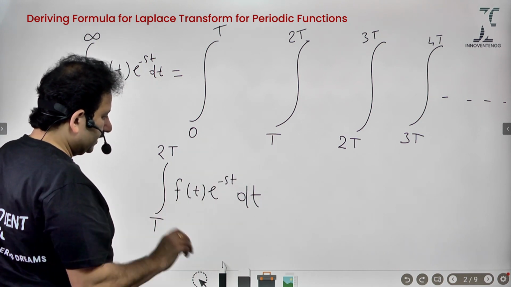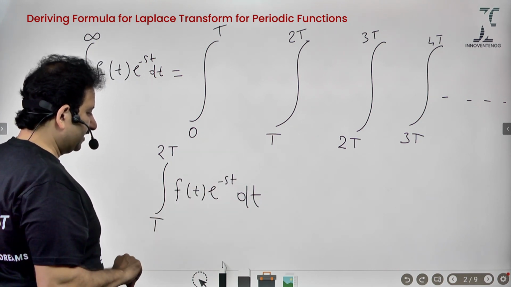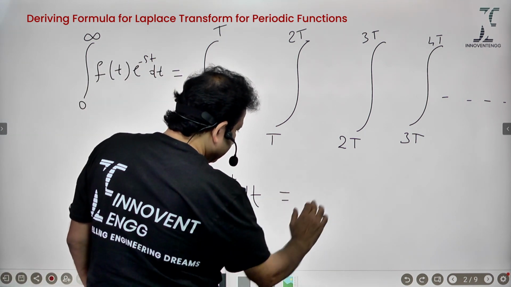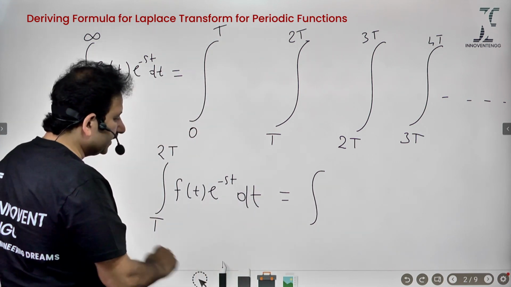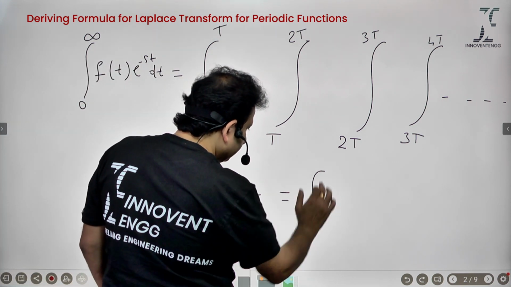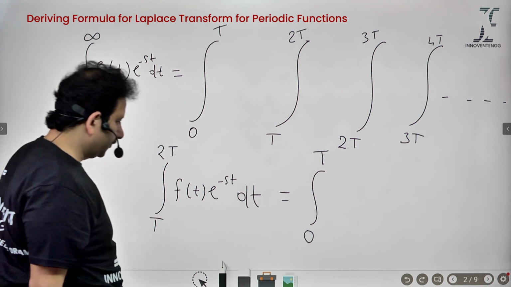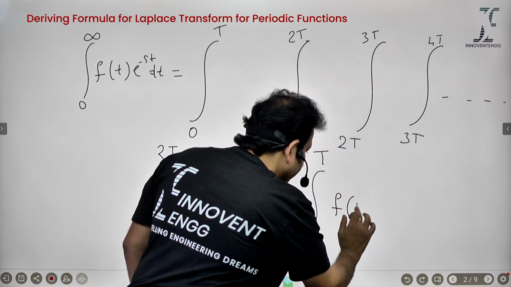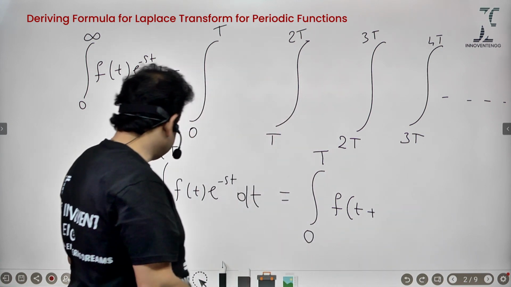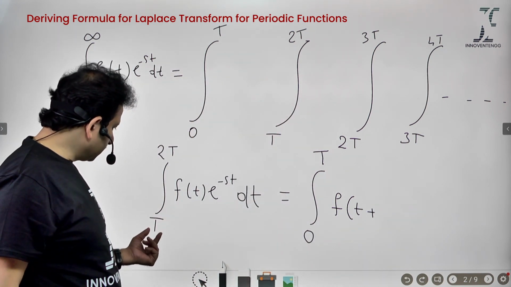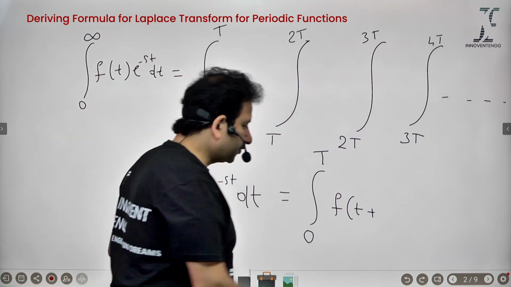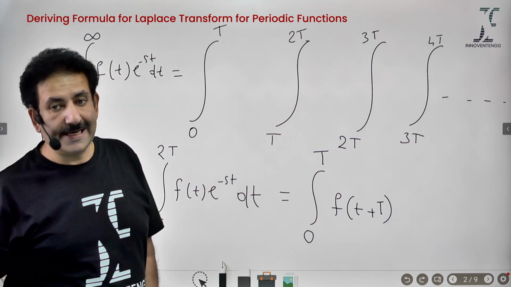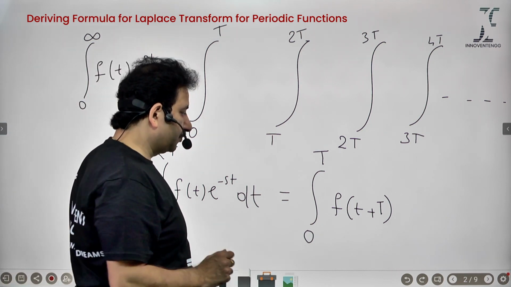Subsequently I'll give you a graphical visualization of what is going on, but now let's see how exactly it can be done. If I am shifting it back, then I am going to integrate from 0 to T, and you are shifting back by one period, because this becomes 0, this becomes T, one period, so I am going to add that period over here. I'll also reason out why I am adding capital T to small t.